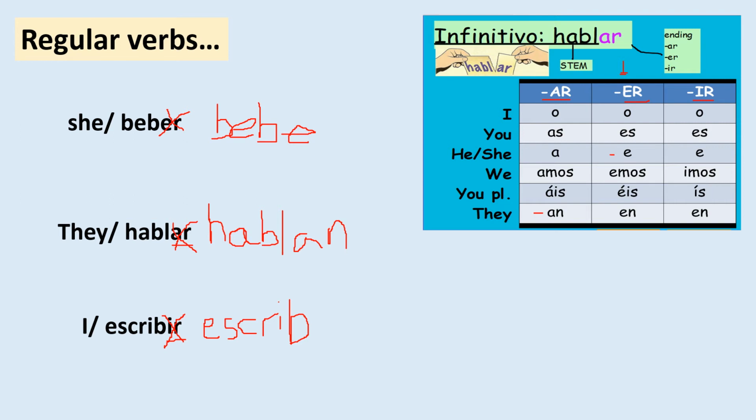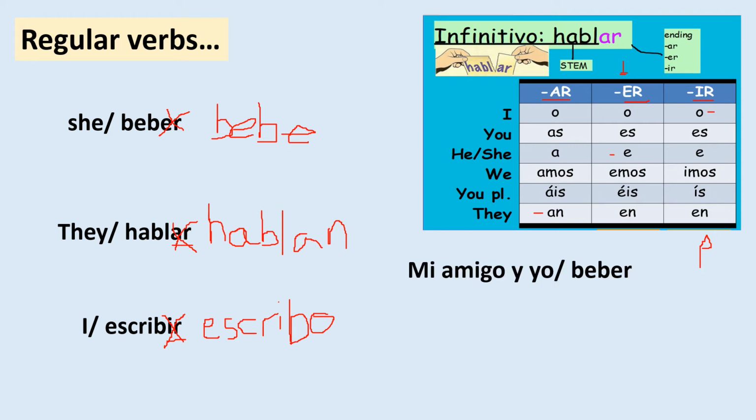Now I'm going to look for the I form. So I'm going to go to the column of the verbs ending in -IR, and I'm going to look for the I form, which is -o. So escrib, and I add the o, escribo. I write.